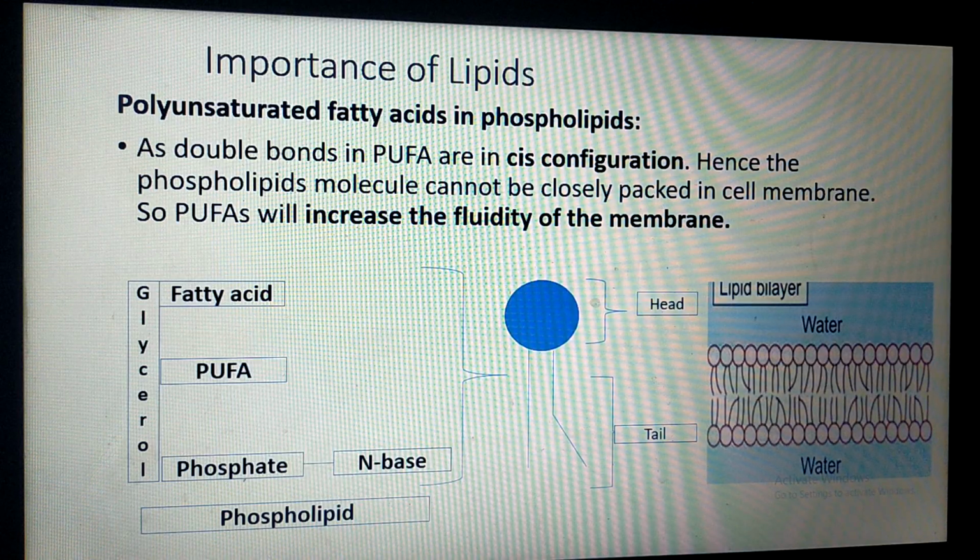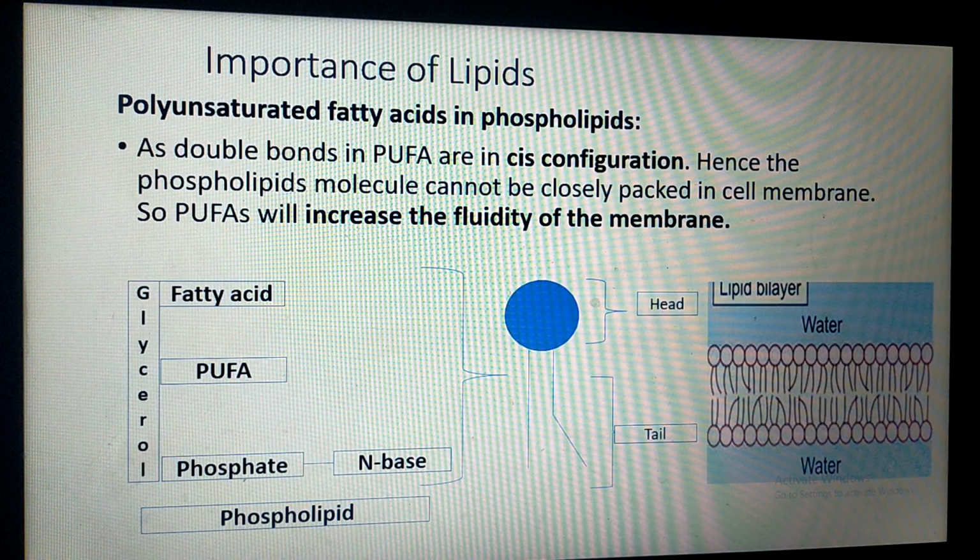Now, when this polyunsaturated fatty acid is present in the phospholipid, this polyunsaturated fatty acid has double bond in cis configuration. Therefore, if you see the structure of phospholipid, the tail of phospholipid is not straight.